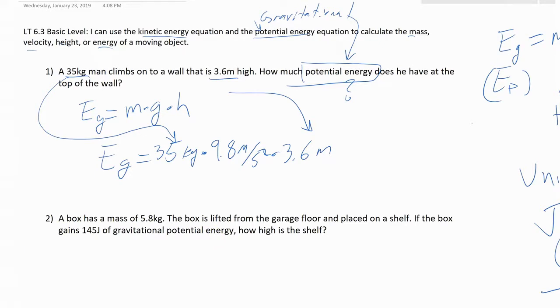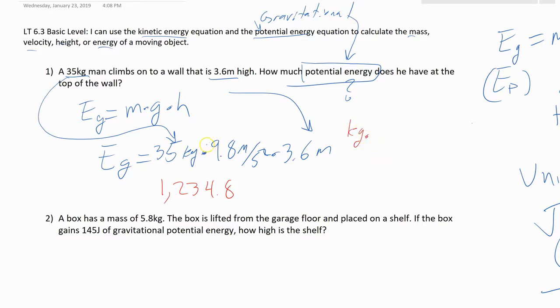When I type in my calculator 35 times 9.8 times 3.6, I get 1,234.8. And then the units, nothing crosses out. I don't have anything that's on the top and the bottom.